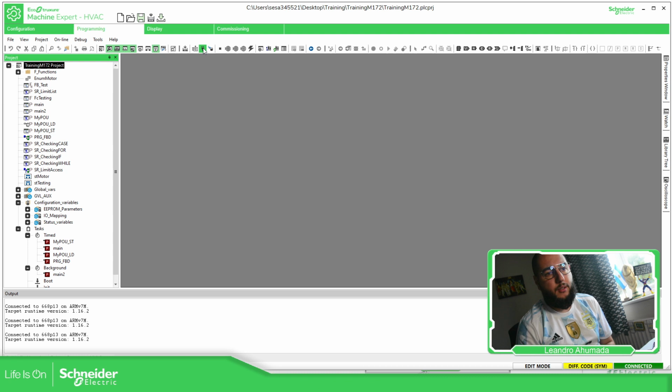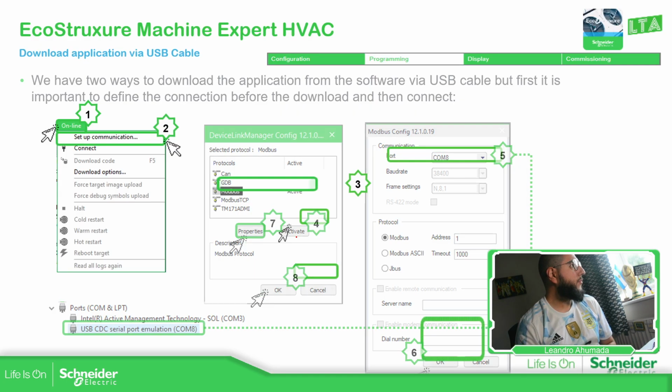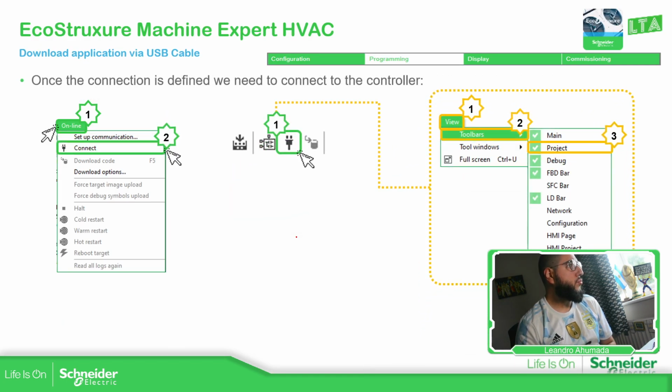Once you connect, you have three options. You have diff code, you have no code, and you have valid code, or code correct. I don't remember which one. Let's see. This is a toolbar in the project in order to visualize this part.